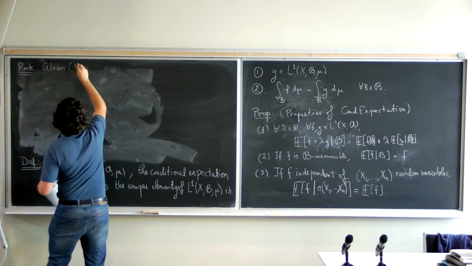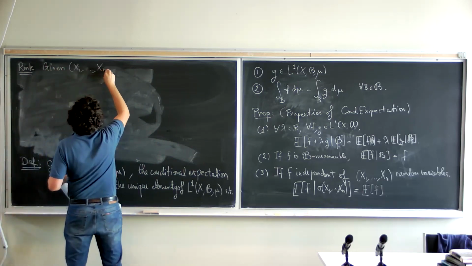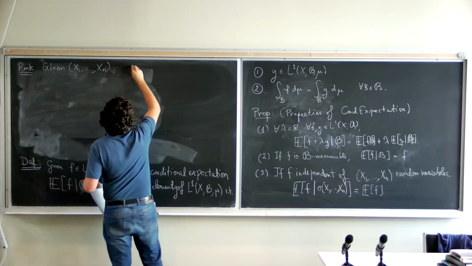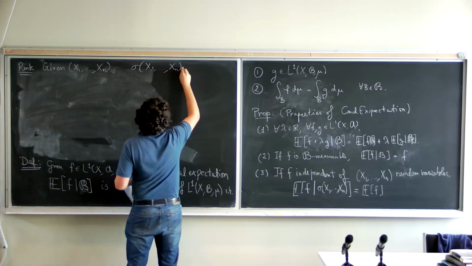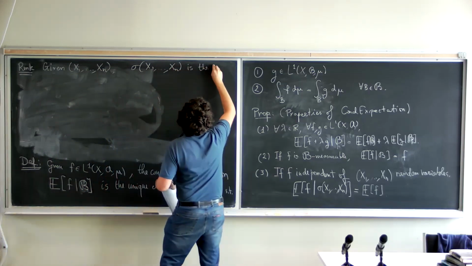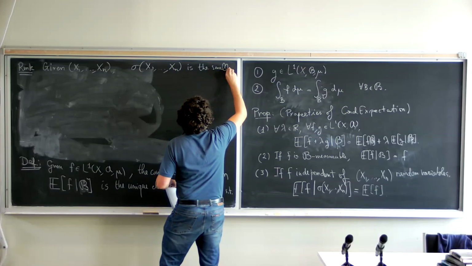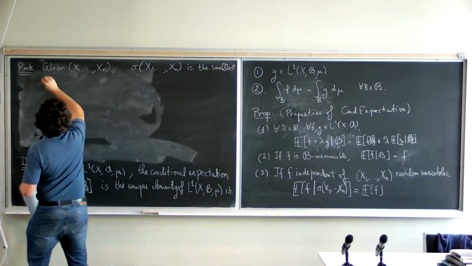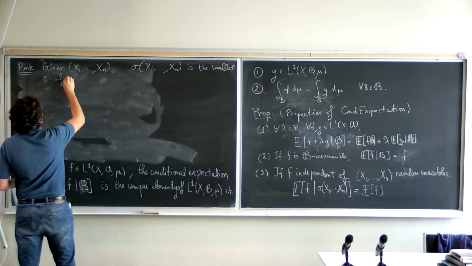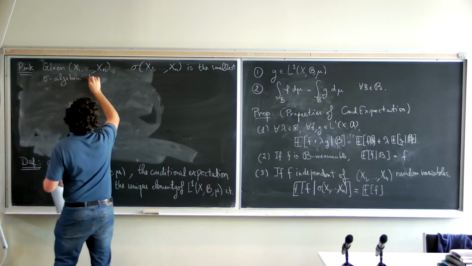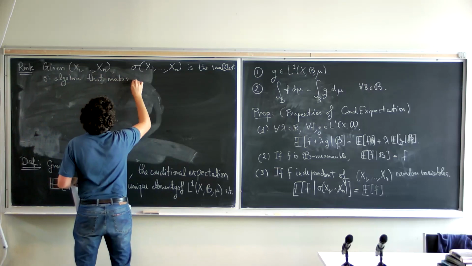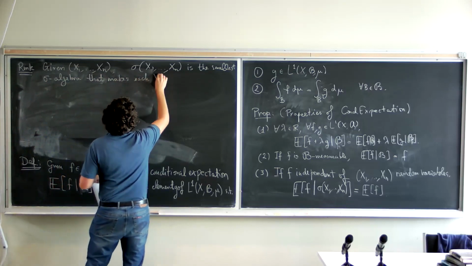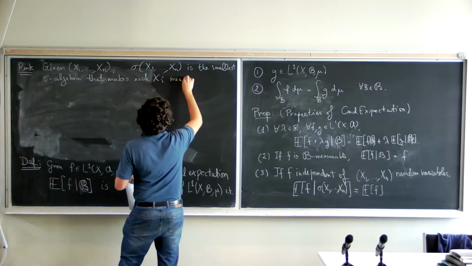Given x1, ..., xn, sigma of x1, ..., xn is the smallest sigma algebra that makes each xi measurable.